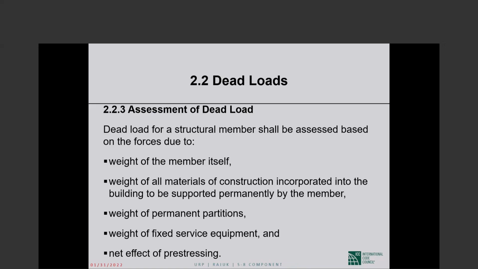If a beam supports a part of a slab, so item 1 says weight of the beam itself, item 2 says the weight of the part of the slab that is supported by the beam. Then weight of permanent partitions as opposed to partitions that are movable, as you see in office buildings more and more. Weight of fixed service equipment.